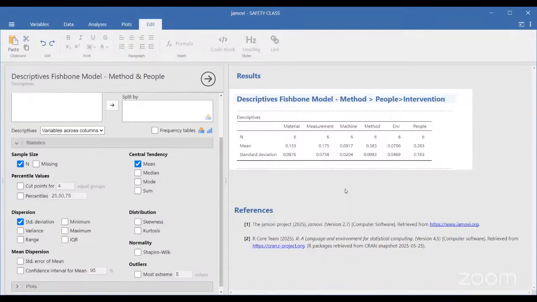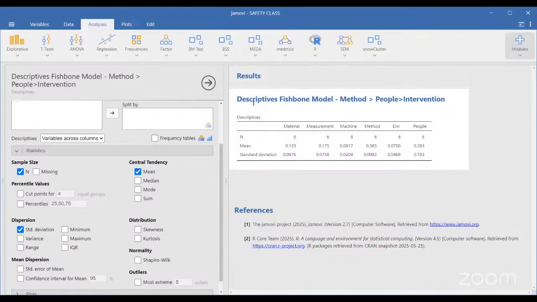Now, Farah, you go to the analysis and you click, not the t-test, you click the regression, correlation matrix.